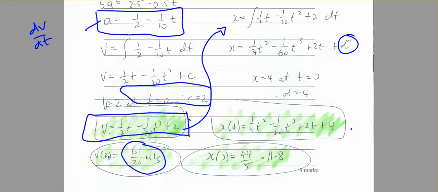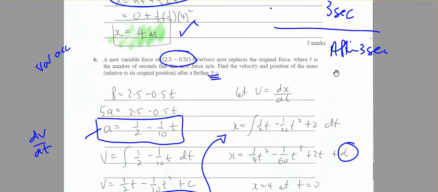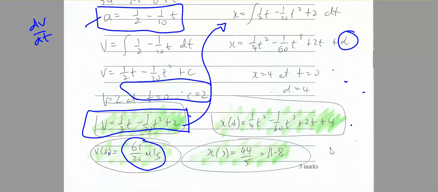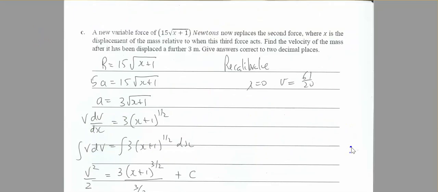Plus d, and I use x equals 4 and t equals 0, and this gives me my position after 3 seconds.